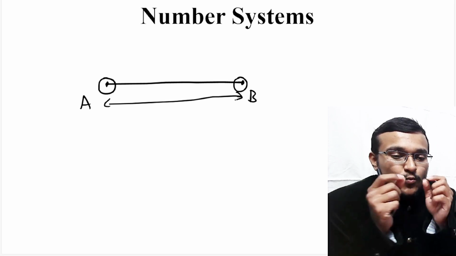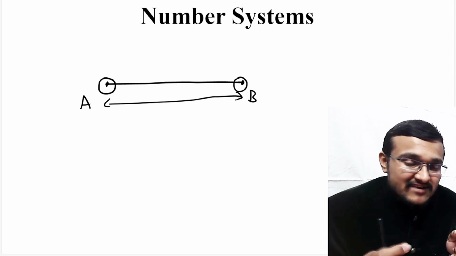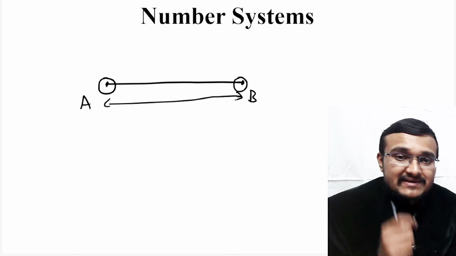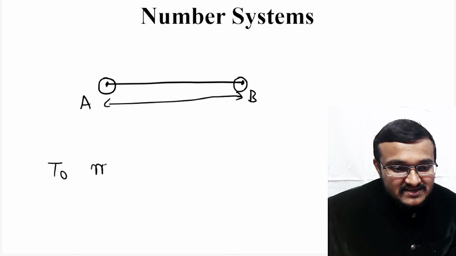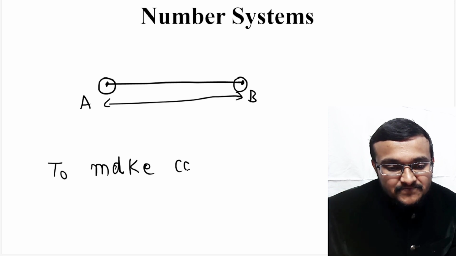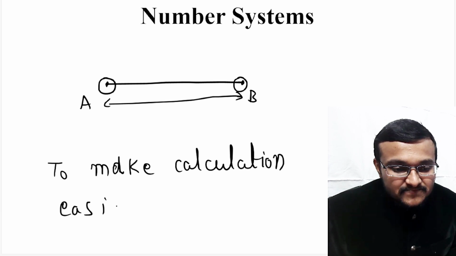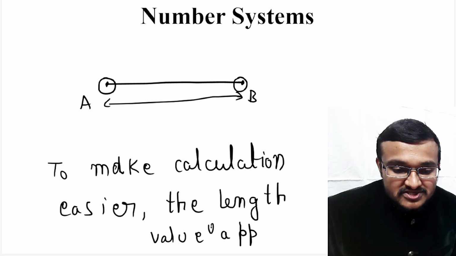So that means whatever length we are measuring is not an exact value. It is always an approximate value. To make our calculation easier, we take an approximate length, so the length value is approximated.